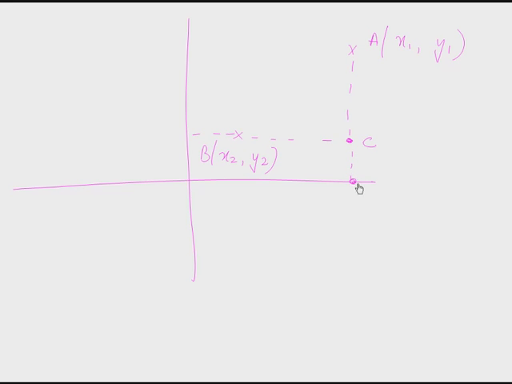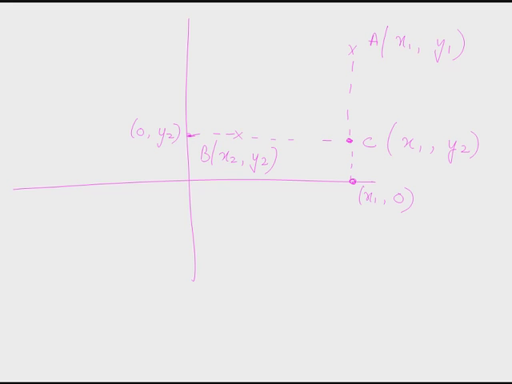Well, I know this point has coordinates x1, 0. And I know this point has coordinates 0, y2. Because this is the same horizontal distance as A and this is the same vertical distance as B. So the point C will have coordinates x1, y2. It's the same horizontal distance as A and it's the same vertical distance as B.